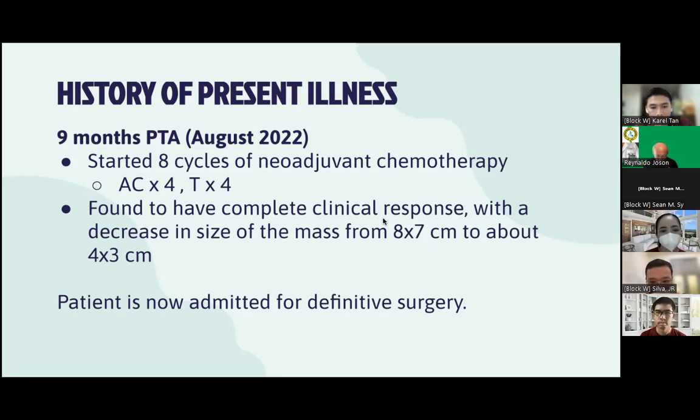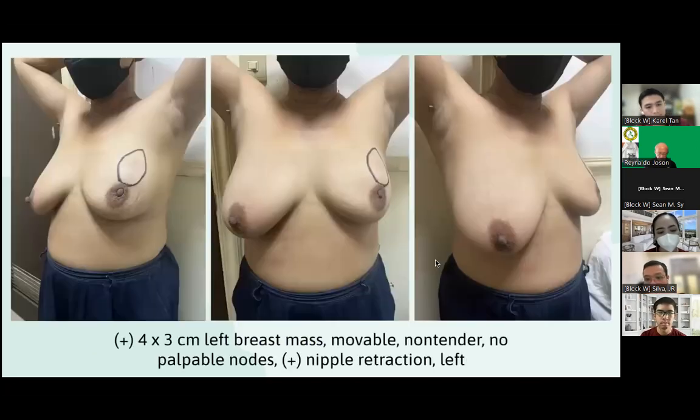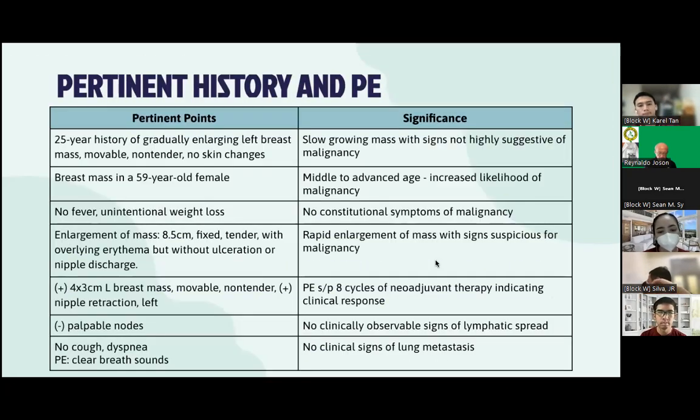Okay. Now, going to the primary diagnosis, no? After your history and PE, you came out with the primary diagnosis of breast cancer and then secondary diagnosis benign, no? Okay.